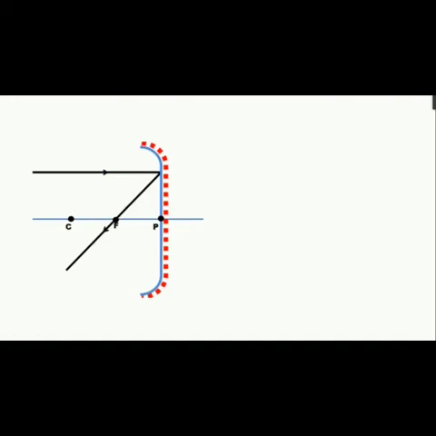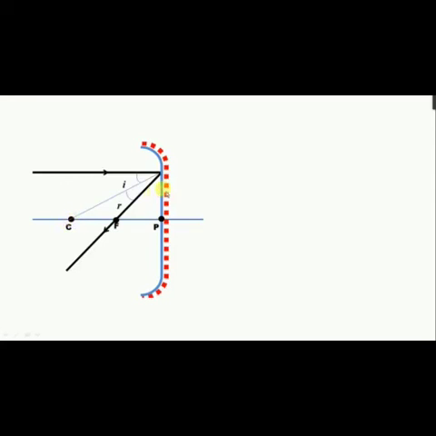Now one more thing I want to add is, this is a concave mirror and a ray is going parallel. So according to rule number 1, it should go through focus after the reflection, and if you draw one line from center of curvature, this angle will be angle i and this angle will be angle r.